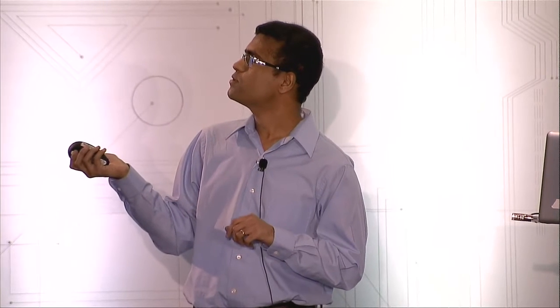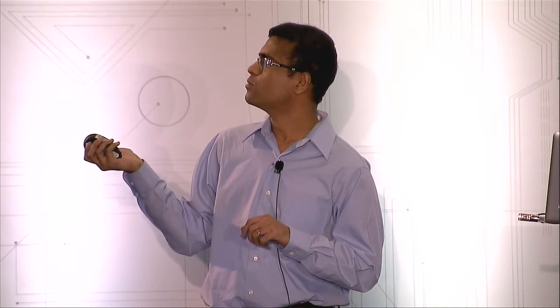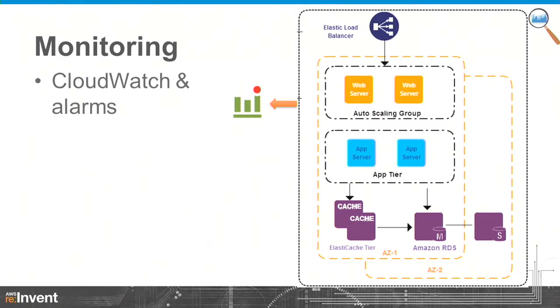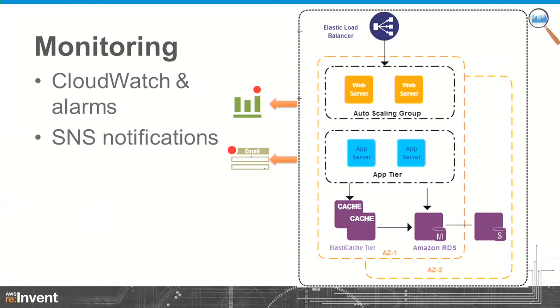AWS provides several tools for you to alert yourselves across these components. One of them is CloudWatch. It's a monitoring tool that exposes a bunch of metrics across various services. And you can set up alarms on these metrics and get alerted if there are issues. SNS notifications is another functionality that a lot of AWS services are integrated with.